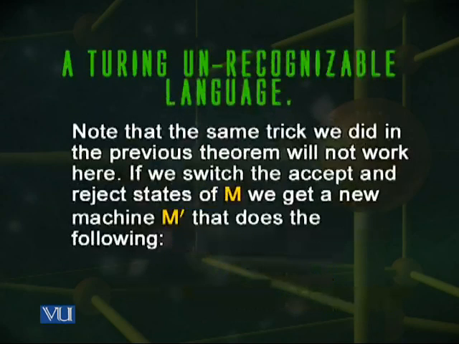So, note that the same trick of the previous theorem will not work here. Suppose you have a language which is Turing recognizable and you have a recognizer, a Turing machine M, whose language is the given language. If you switch the accept and reject states, the new Turing machine is not going to accept the complement of the original language. Why is that?